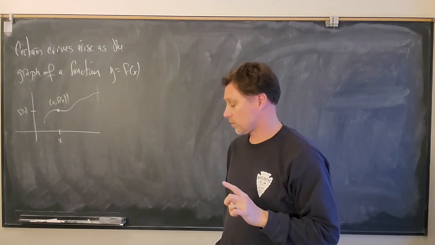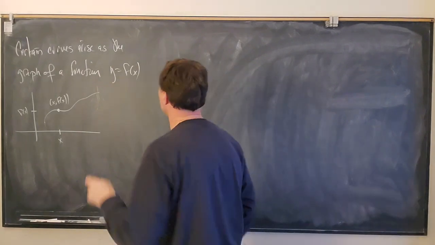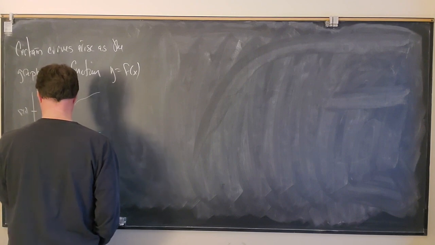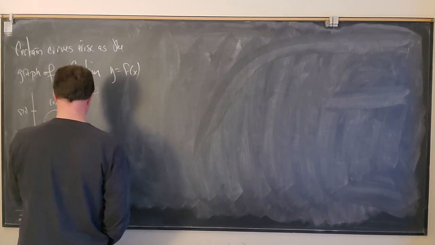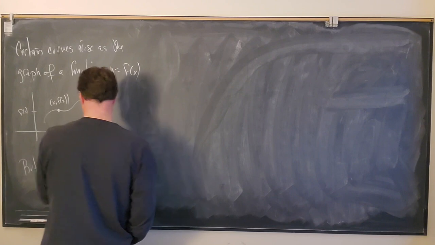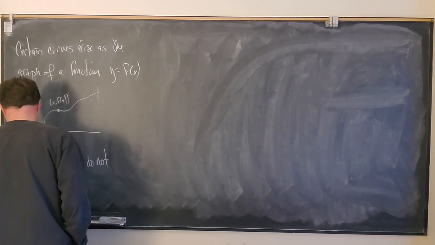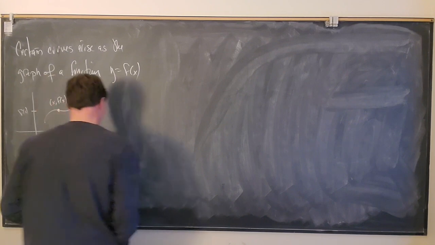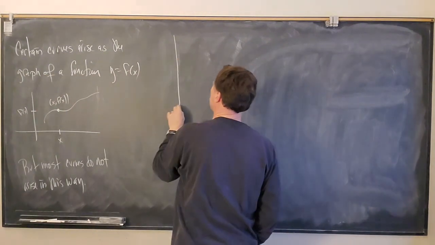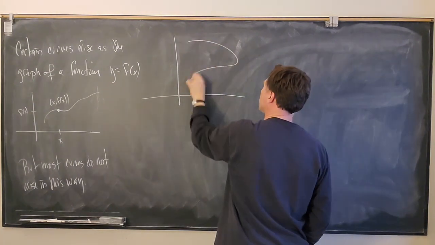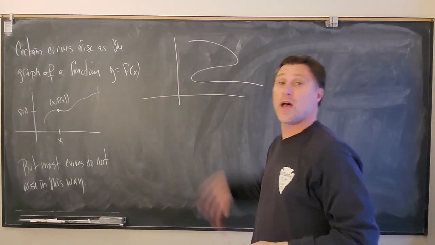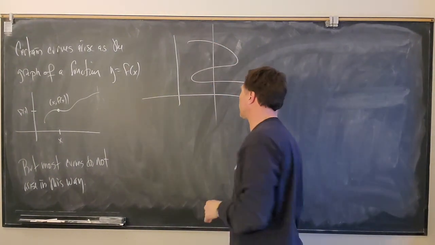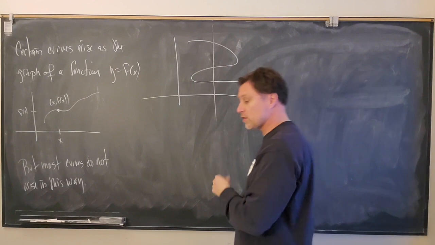But not all curves arise this way. In fact, most curves do not arise in this way. I think you probably learned this back in a pre-calculus class: as soon as a curve fails the vertical line test, then it's not the graph of a function. And so here's a curve that fails the vertical line test.